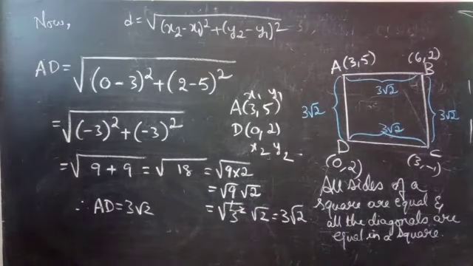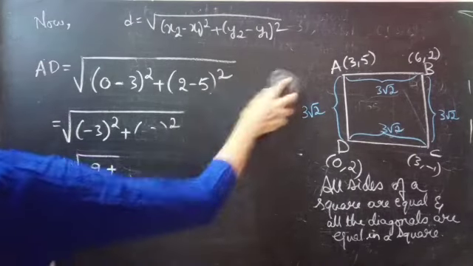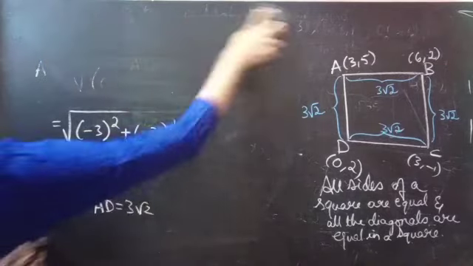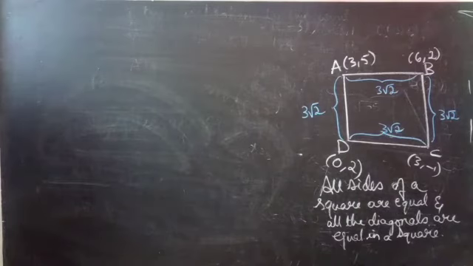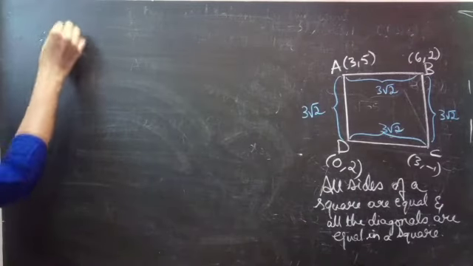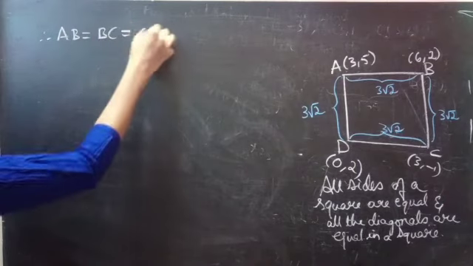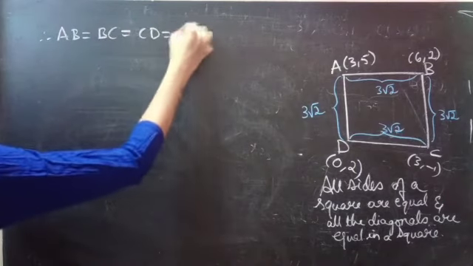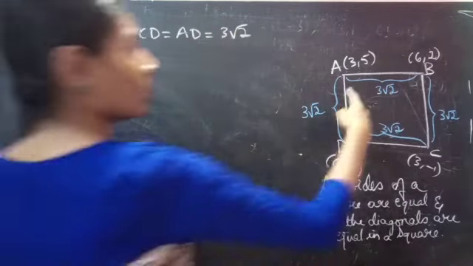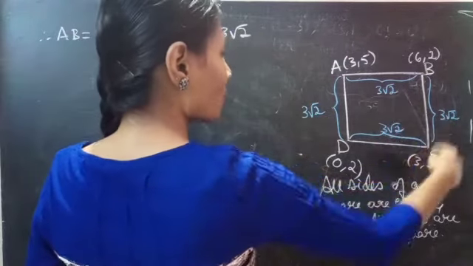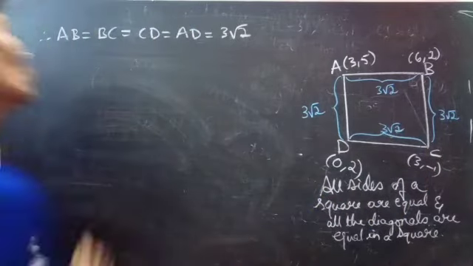Now you can notice that all the sides are equal to 3 root 2. Therefore AB equals BC equals CD equals AD equals 3 root 2. See, AB equals 3 root 2, BC equals 3 root 2, CD equals 3 root 2 and AD equals 3 root 2.